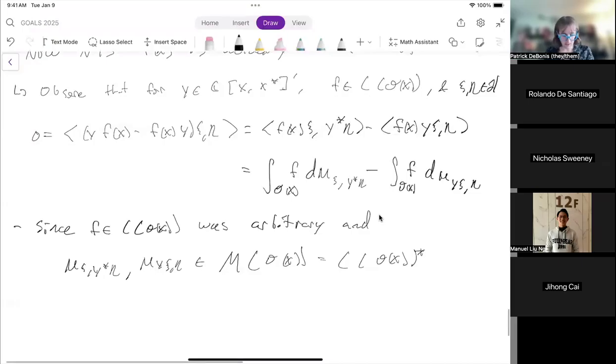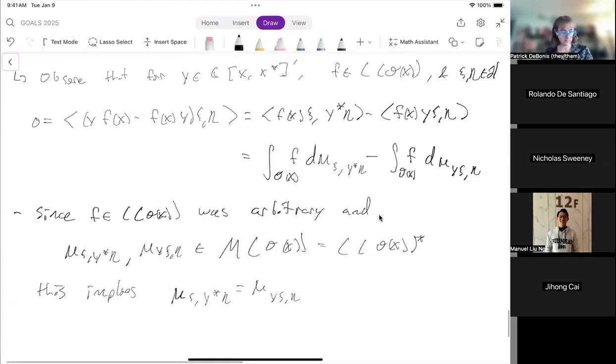This is going to imply that the two measures are equal to each other. That's a property you'd hope is true, but we did need to check it on the continuous functions because that is where they're defined, and then we extended this to the Borel functions.